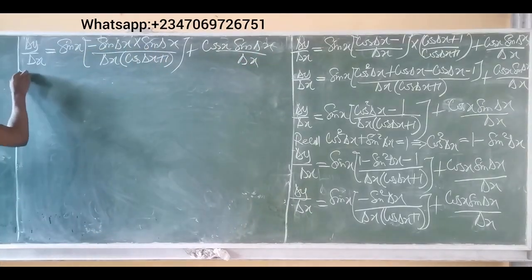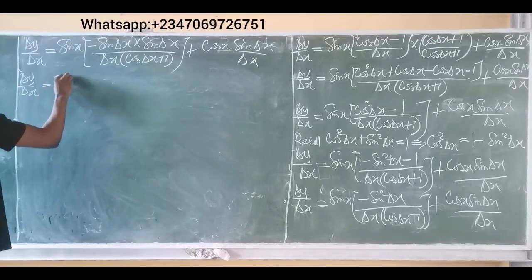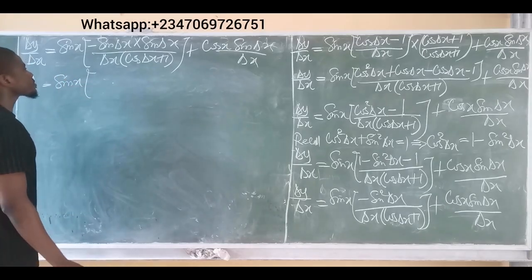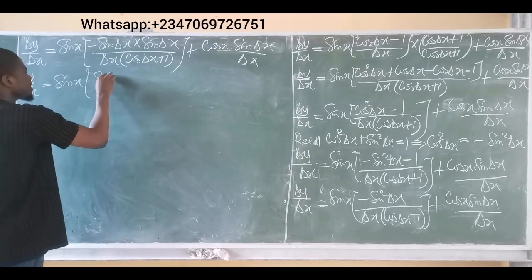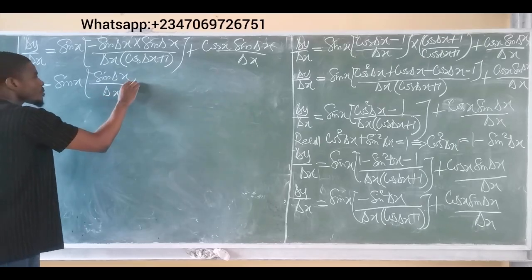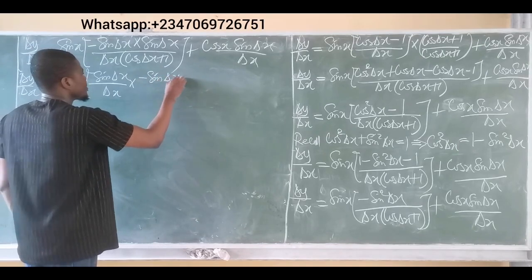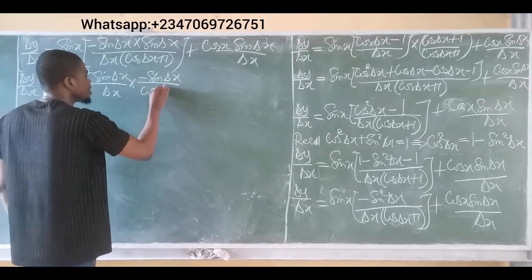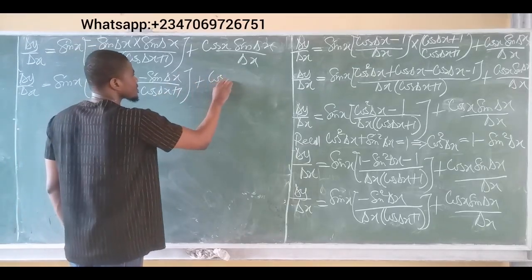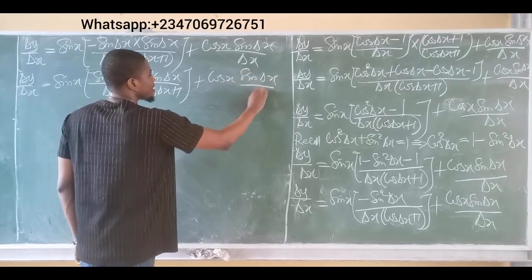Okay, so change in y over change in x is equal to sine x. Now, let's break this once more. So, I'm simply going to have sine change in x all over change in x multiplied by negative sine change in x all over cos change in x plus 1, okay, plus cos x sine change in x all over change in x.